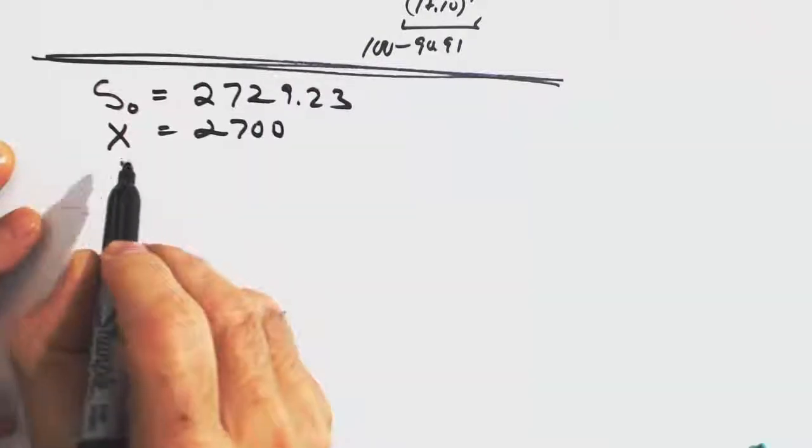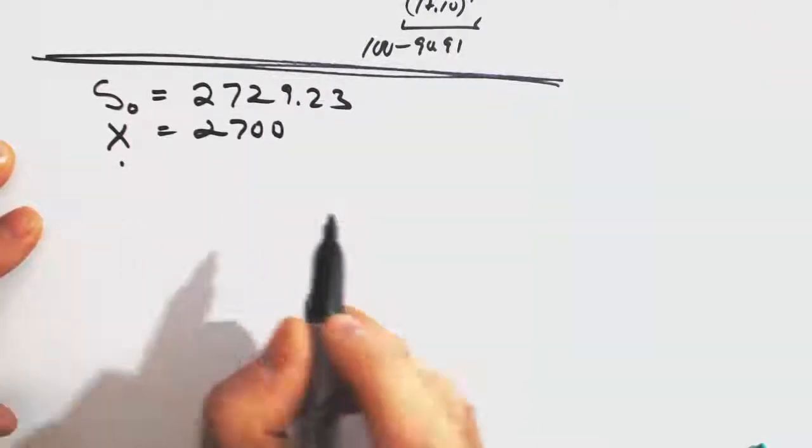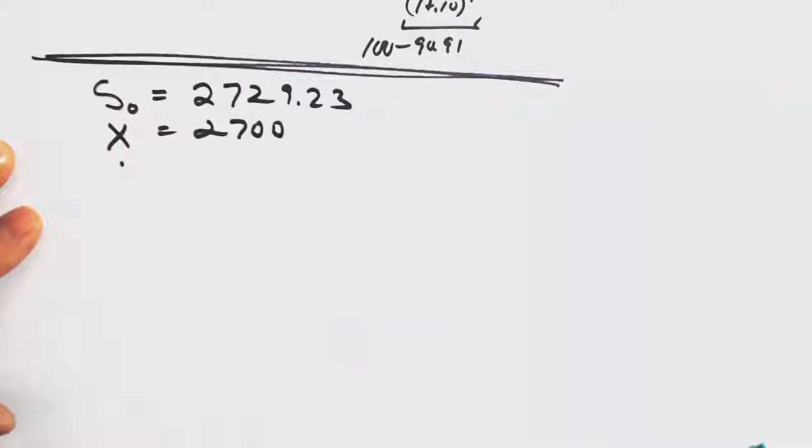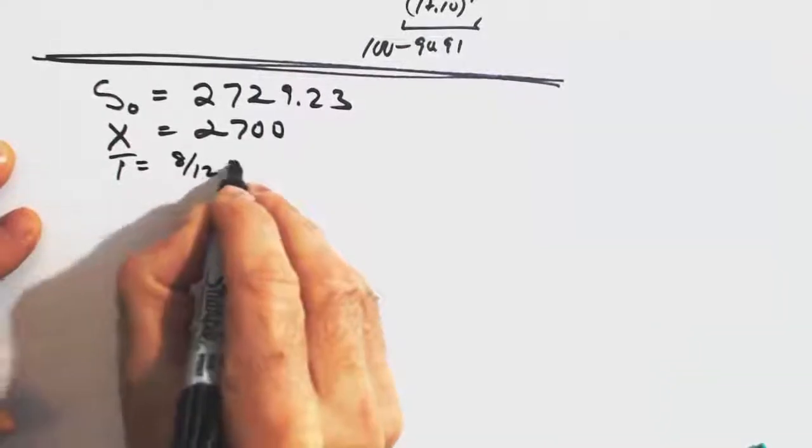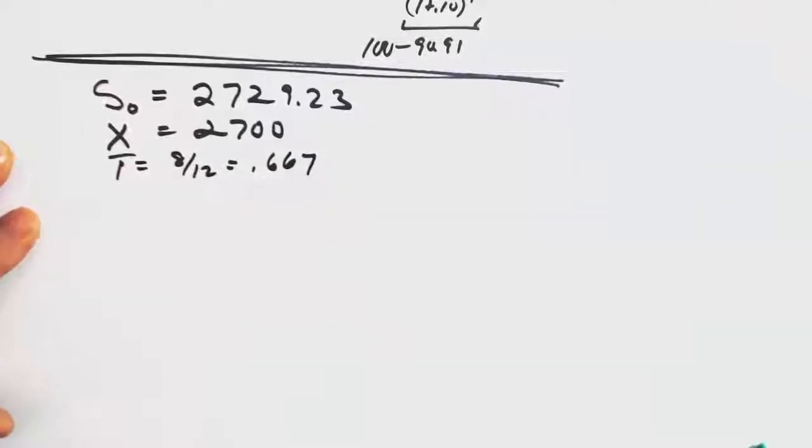At the time, it was November, and the options expired in June. So roughly 8 months. 8/12 is 0.667 of a year, 2/3 of a year to the expiration.